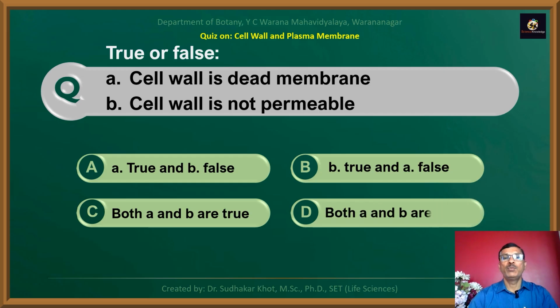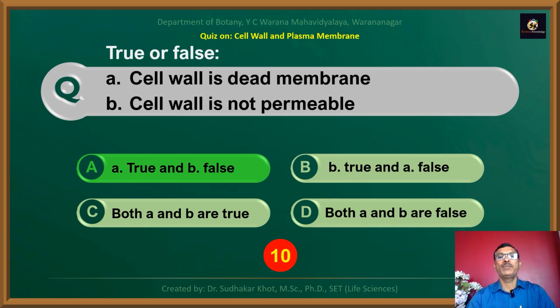Option D, both A and B statements are false. Which one is true or both are true? Option A. The statement A, cell wall is a dead membrane, is true, but the statement B, cell wall is not permeable, is false. So in fact, cell wall is a permeable layer.